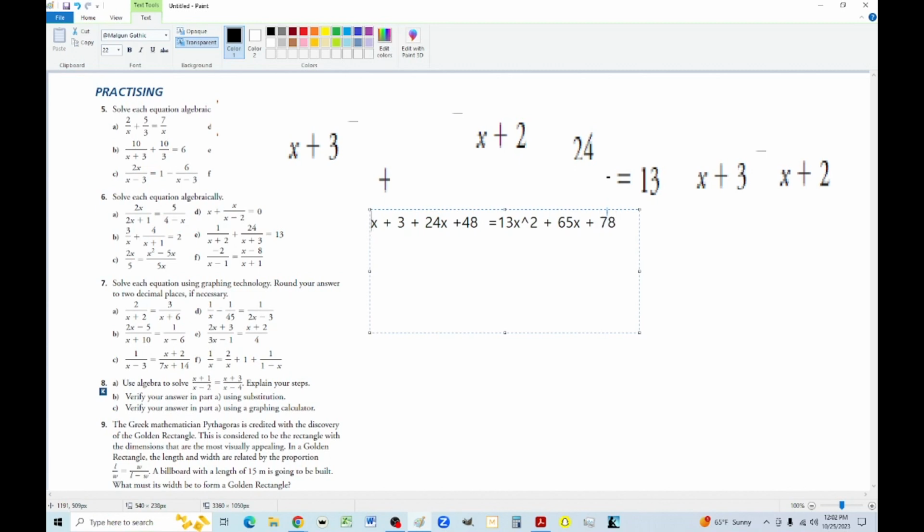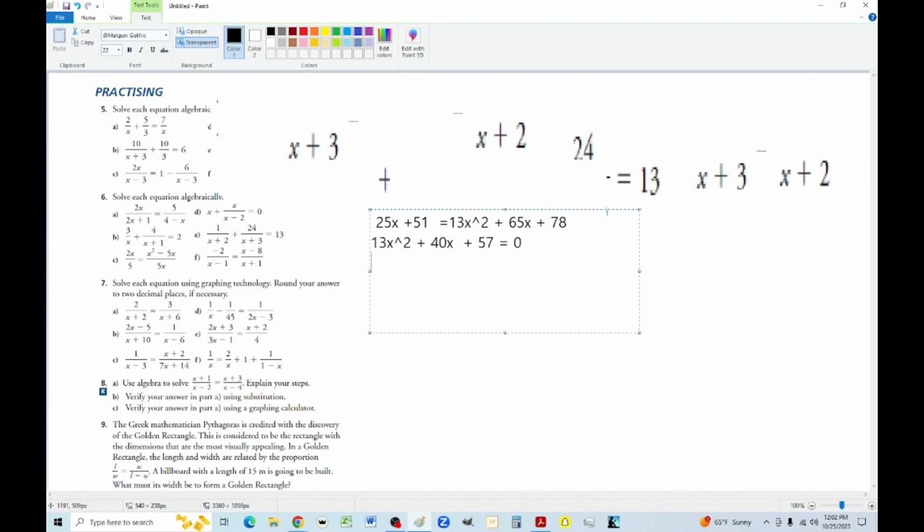And then if I add all my x's here, I get 25x. And if I add my 3, I get 51. And I'm left with that. If I get it all to the right side, I get 13x squared plus 40x plus 27 is equal to 0.